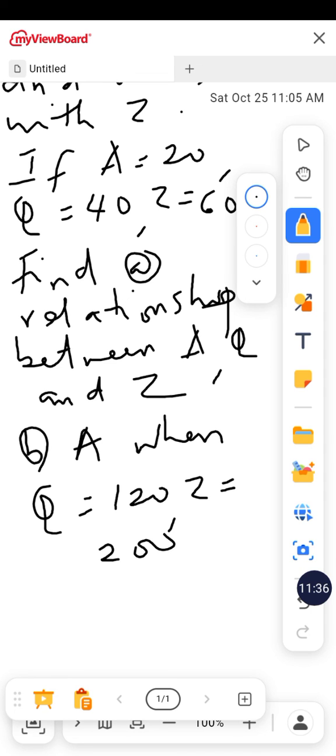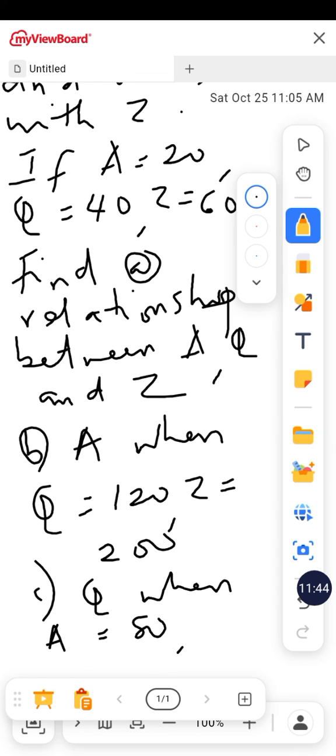Then question C, find Q when A is 80 and Z is 100.